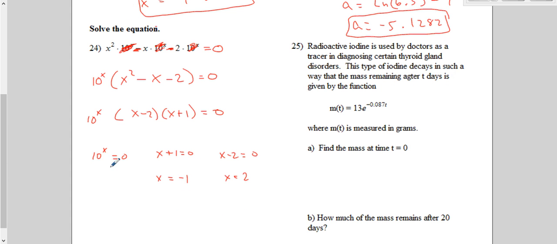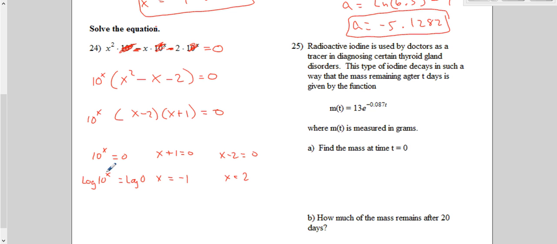And for 10 to the x, if I follow my methods from above, I put a log on both sides, so log of 10 to the x equals log of 0. The log of 0 is not valid. So right now I could already tell you that this is not going to work.